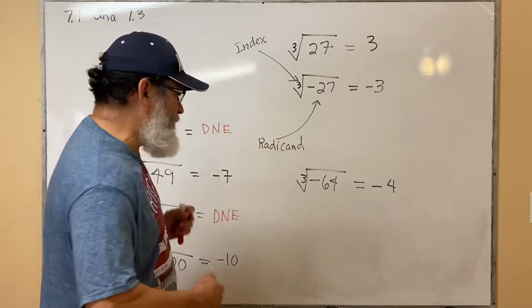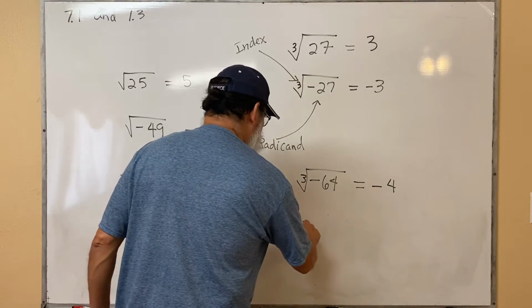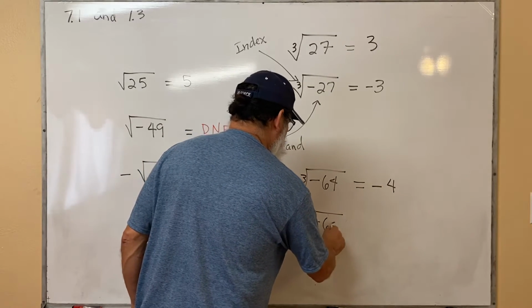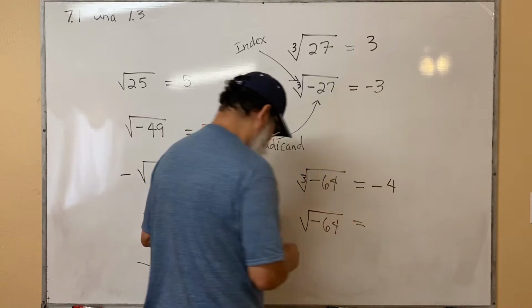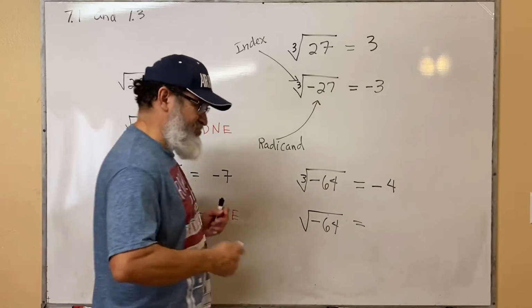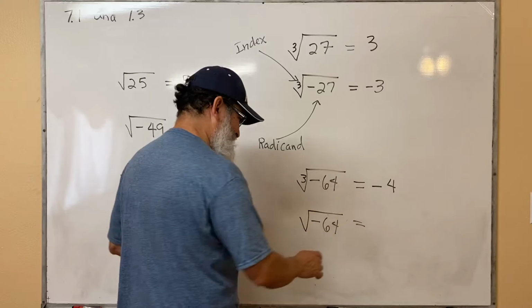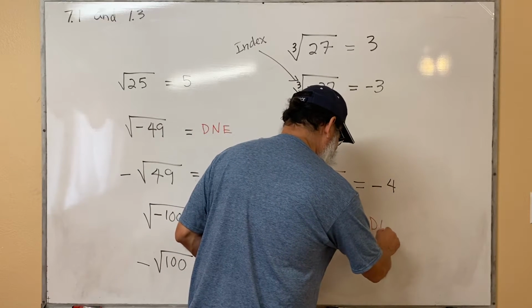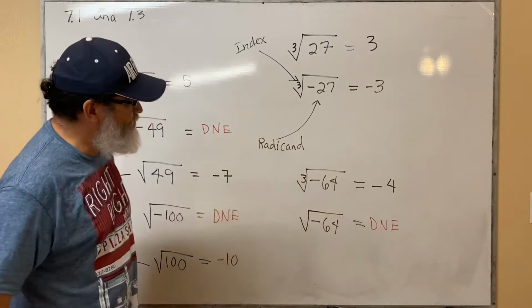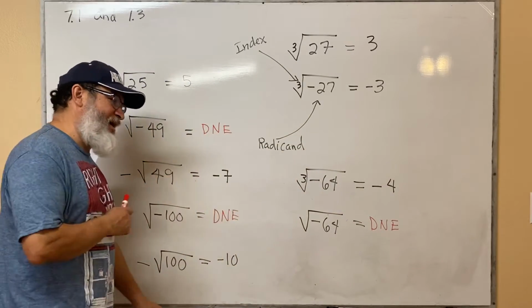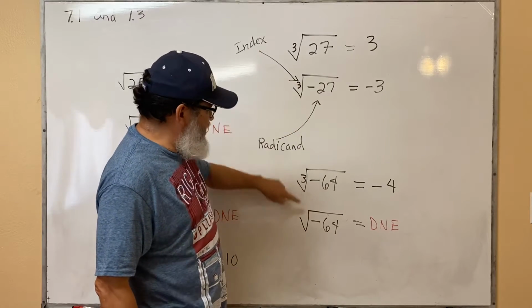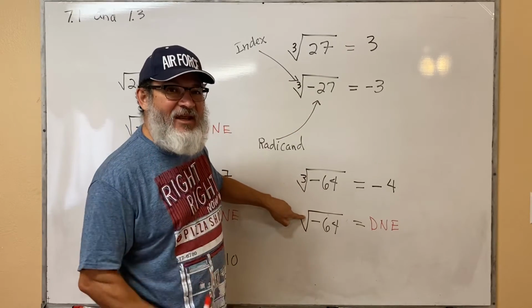How about this one? What about the square root of negative 64? What about that one? Does not exist. Why? Because the index is 2, even.